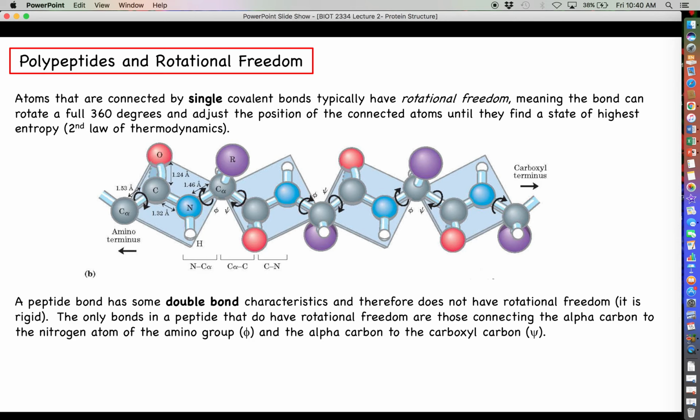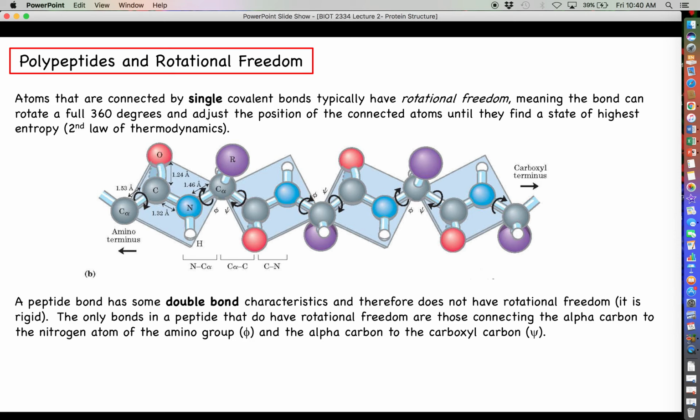Because of the rigidity, you can think of the carboxyl carbon and the amine nitrogen as being fixed in a plane, which is why in this diagram you see these little rectangles, which are meant to indicate that the carbon and the nitrogen here are basically stuck in plane with each other, that there's no rotation there, so they're stuck in that particular configuration.